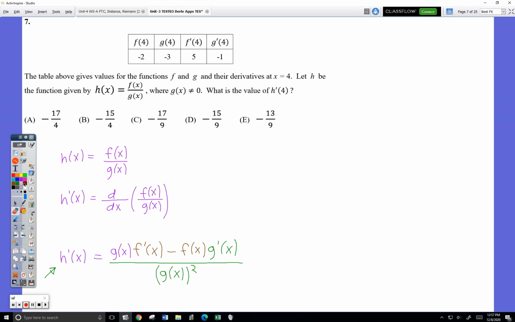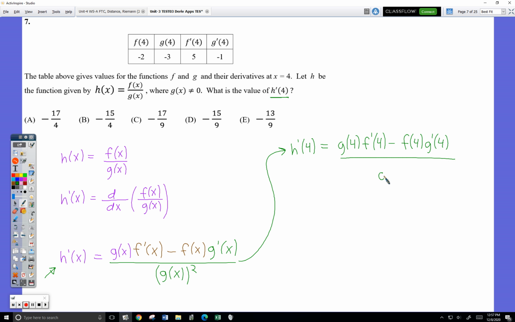So Christine is saying, I can now take this and h prime of specifically 4 has to equal g of 4 multiplied by f prime of 4, subtract f of 4 multiplied by g prime of 4, all divided by g of 4 all squared. And then as she said, now we're just putting in the numbers.